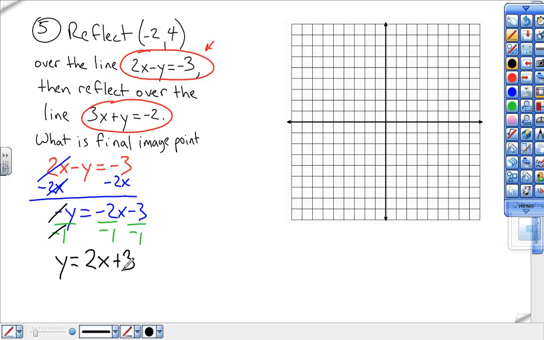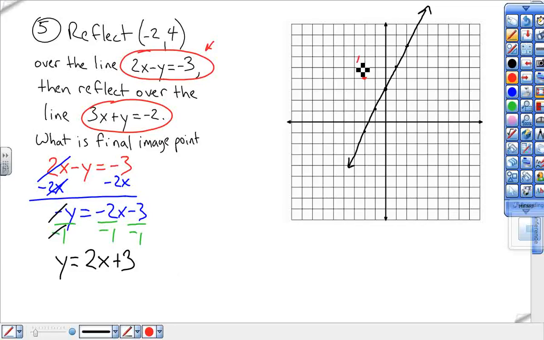So when I graph that 2x plus 3, my y-intercept of 3, over 1, up 2, over 1, up 2, be able to stair step both directions. That line in black is y equals 2x plus 3. The point I'm reflecting is -2, 4.